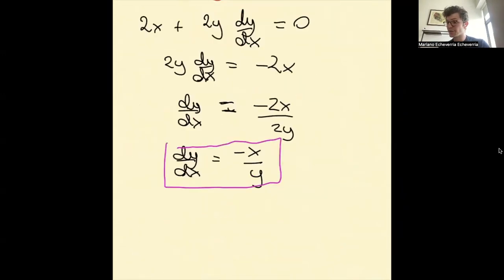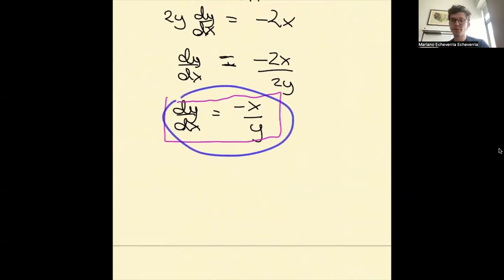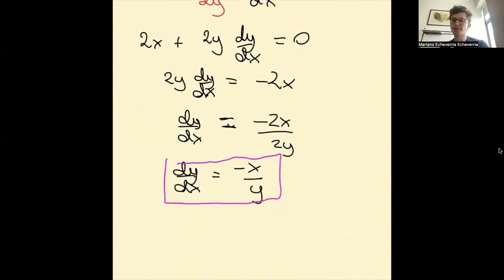So the expression for the derivative looks a little bit more weird in this case, because we chose a path which is a little bit more lazy, because we're not trying to solve explicitly for y. But still, this equation is good enough.